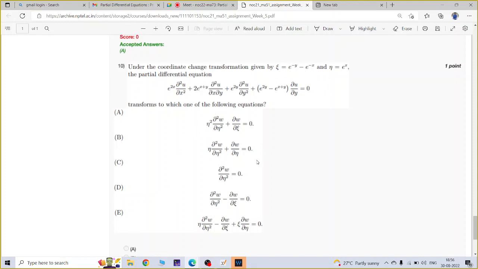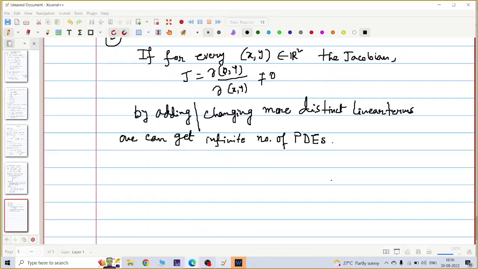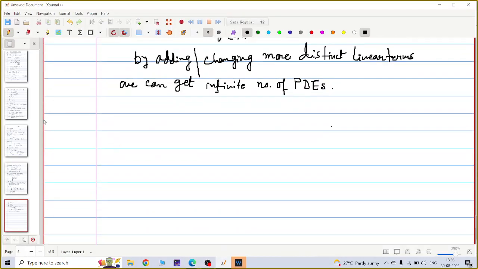So I will write this equation. Look carefully at my calculations because they are huge, meaning you have to find derivatives two times. So my ξ is e power minus y minus e power minus x, and η is e power x.